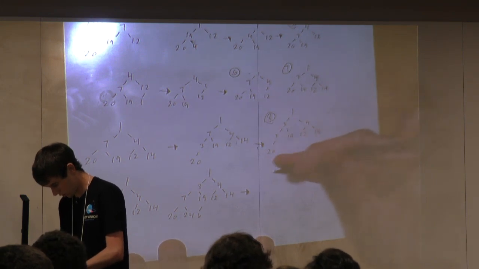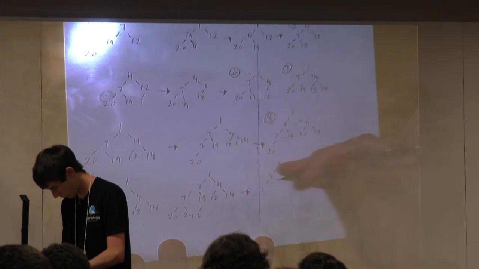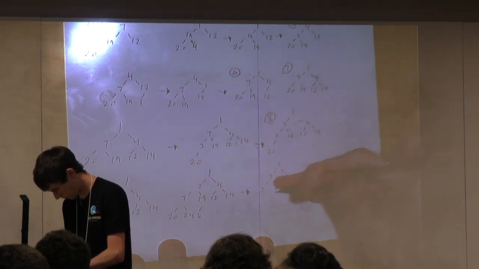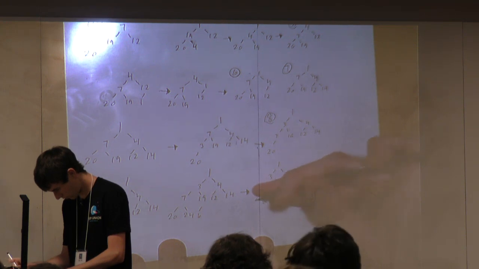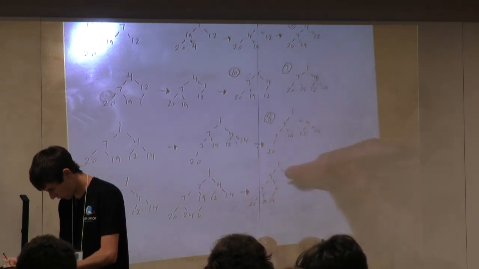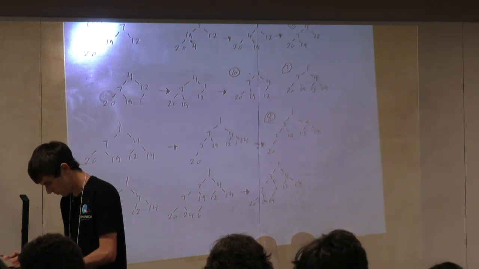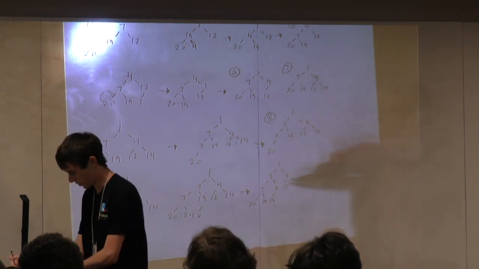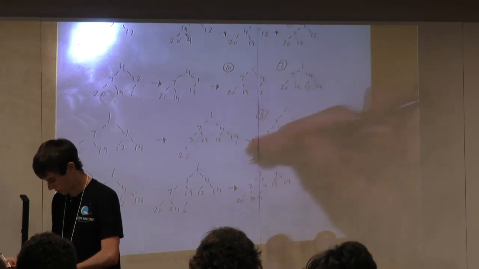So 1, and then our 3, 4. And our 14. So at this point, we'll look at it. Everything looks good. So we have finished inserting all of our elements.